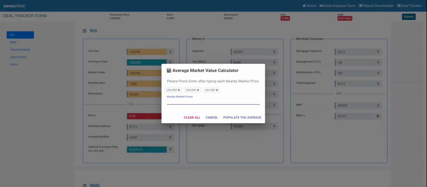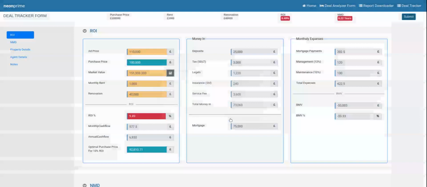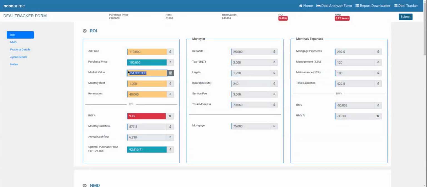Then we can click populate average, and whatever the average price in the locality is will be populated.